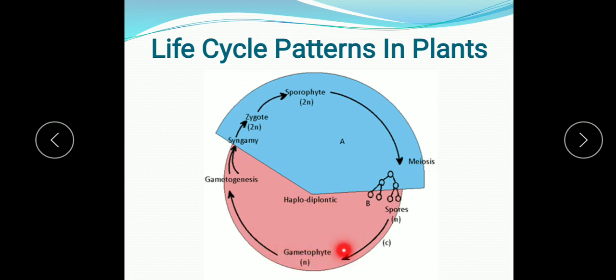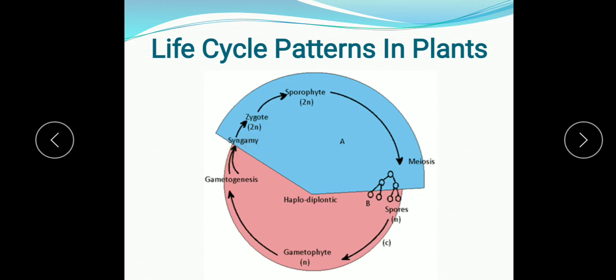These gametophytes further produce gametes, which are haploid, by the process of gametogenesis, and these gametes further fuse by syngamy and produce the zygote.